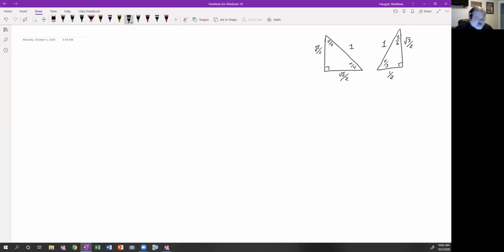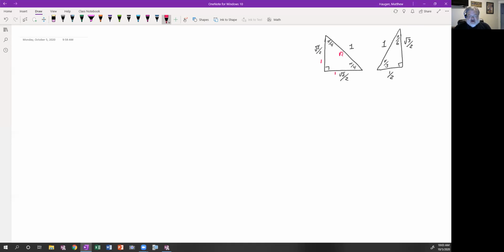Now, as I mentioned, your textbook likes to make the side lengths 1 for the 45 isosceles triangle, the pi over 4 triangle. It's certainly true that you can make those side lengths 1 and then compute the hypotenuse to be the square root of 2.